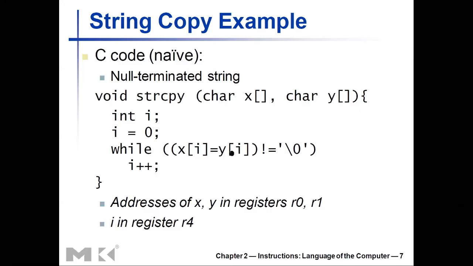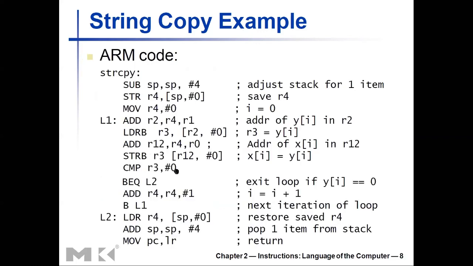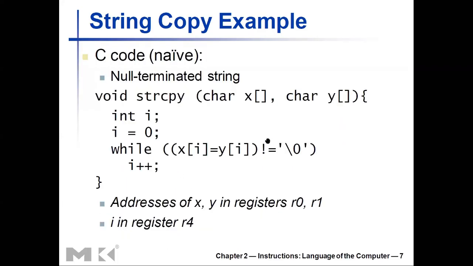Here we are not comparing two characters. Here actually we do a comparison. The CMP we have in the ARM assembly code is for this comparison, where we check whether yi is equal to the null terminating character.